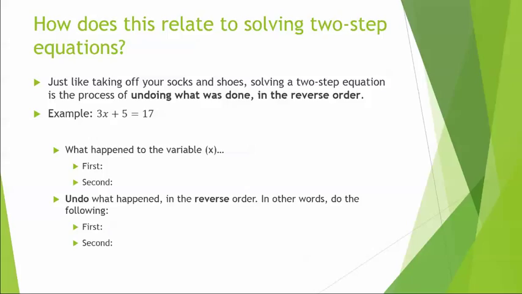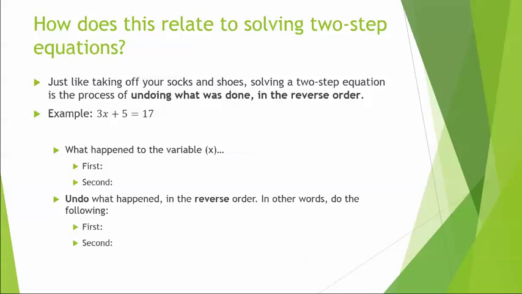So for example, here's a two-step equation. 3x plus 5 is equal to 17. Two things are happening to your variable, which is why this is called a two-step equation. And it's going to take us 2 steps to undo it.